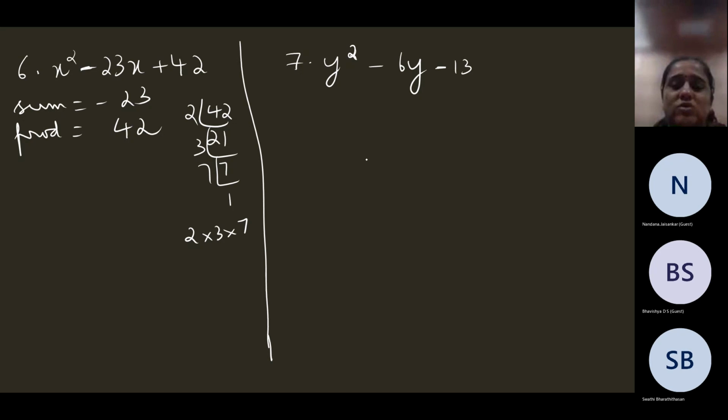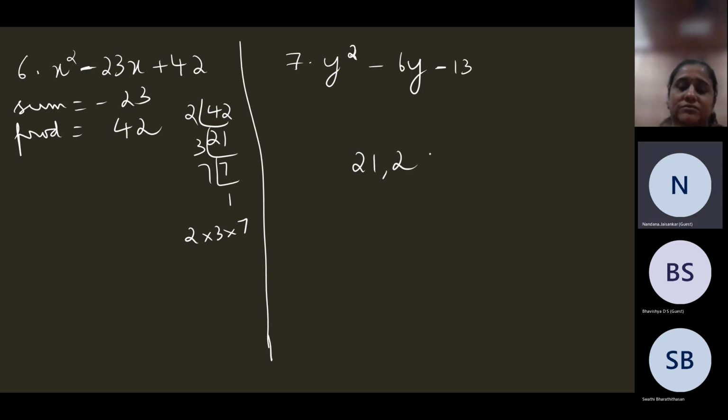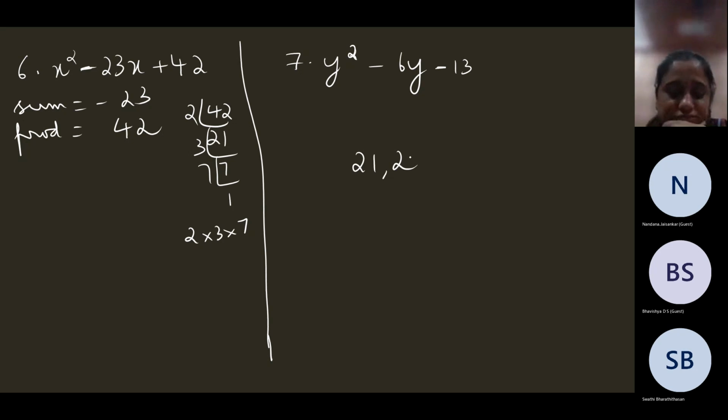Why not 21 and 2? Why can't we take 21 and 2, Nandana? Because you will not get the sum as minus 23, right? 21 and 2 will give you only 23.